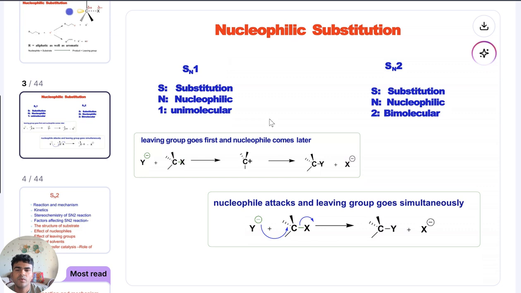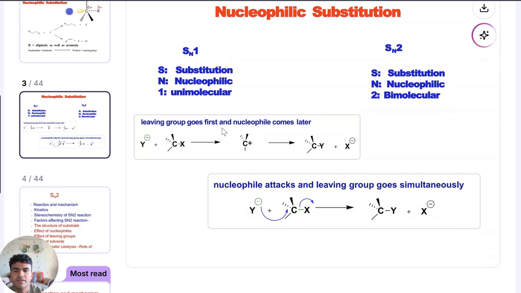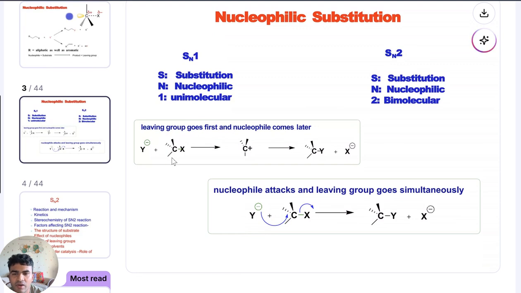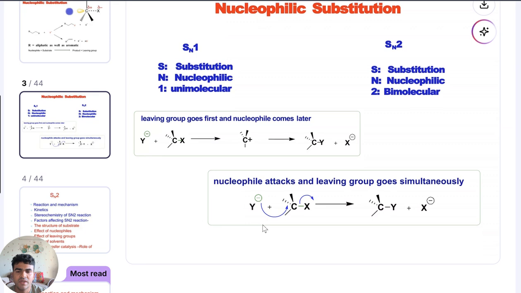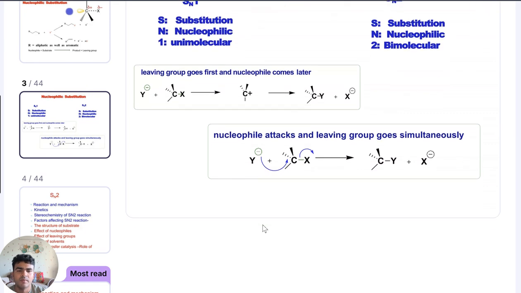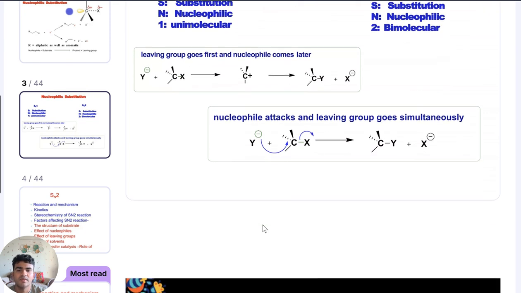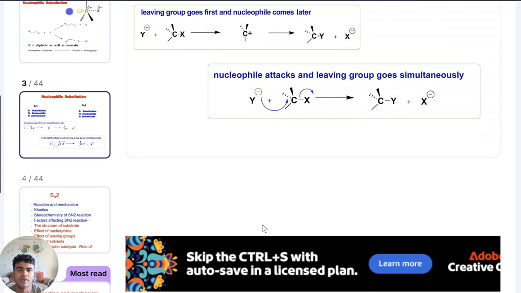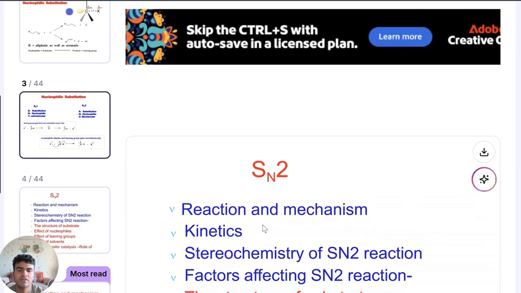In SN1, the rate depends only on the concentration of the substrate, that is the haloalkane. On the other hand, in SN2 reaction, the rate depends both on the concentration of the substrate and the concentration of the nucleophile. This comes from the practical experiment of the rate of these 2 types of reaction. We'll come to the next slide.